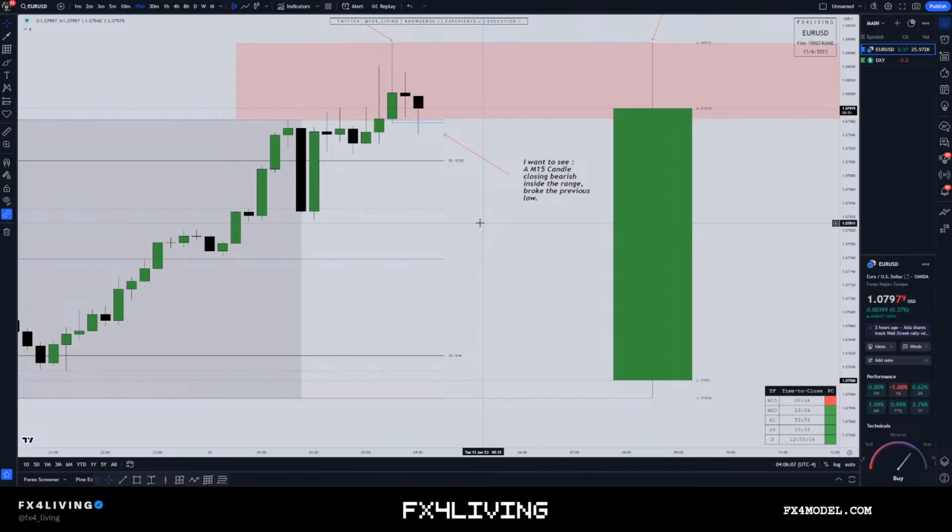So if you get a 30-minute candle closing above some sort of liquidity grab, and you see the next candle breaking the low and closing below that range, you can already anticipate the next candle to continue that move. And your stop loss is going to be the previous high. Simple. It's so simple. It's nothing complicated.